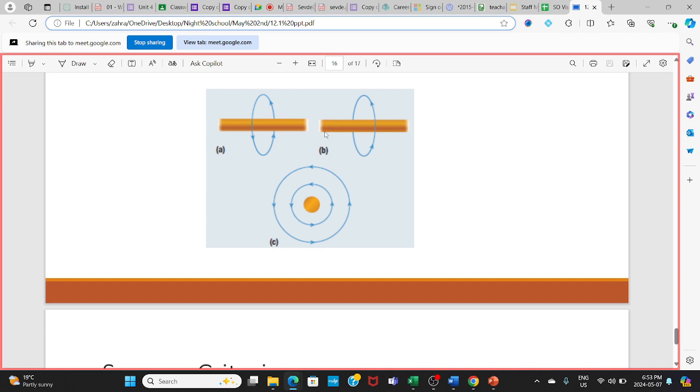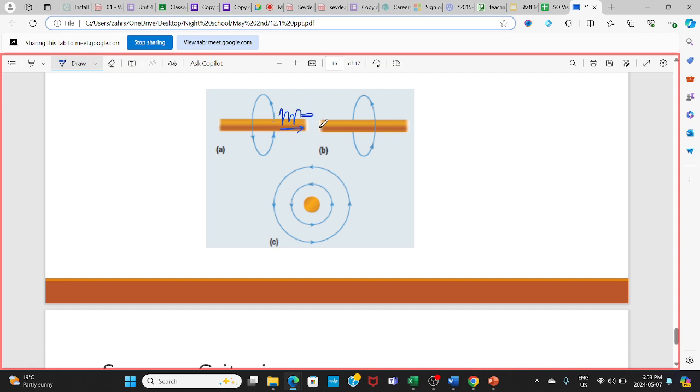So again, if I put my forefinger bending like this, then my thumb will be in that direction.